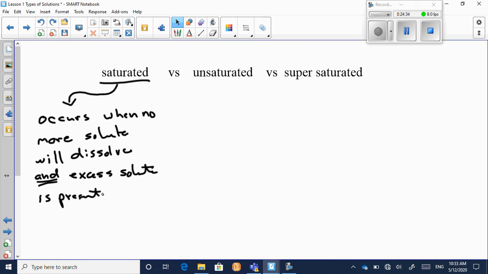I want to put a little star here that it is temperature dependent. So if you were to change the temperature, the saturation would change.